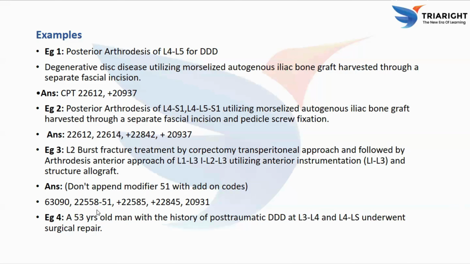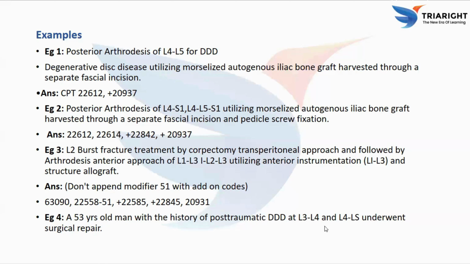As it is a different distinct procedure, you have to assign modifier 51. And for each additional space, we have assigned the 22585 add-on code. And for anterior spinal instrumentation, 22845 is given. And for structural allograft, 20931 is assigned.